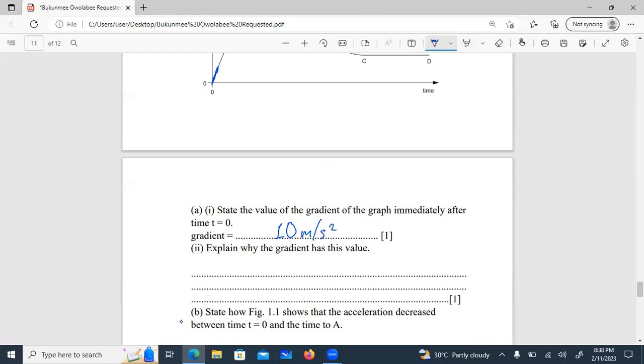Good. Explain why the gradient has this value.